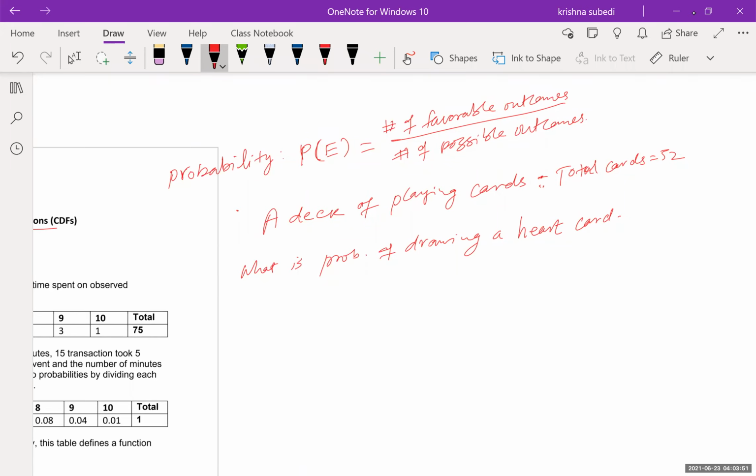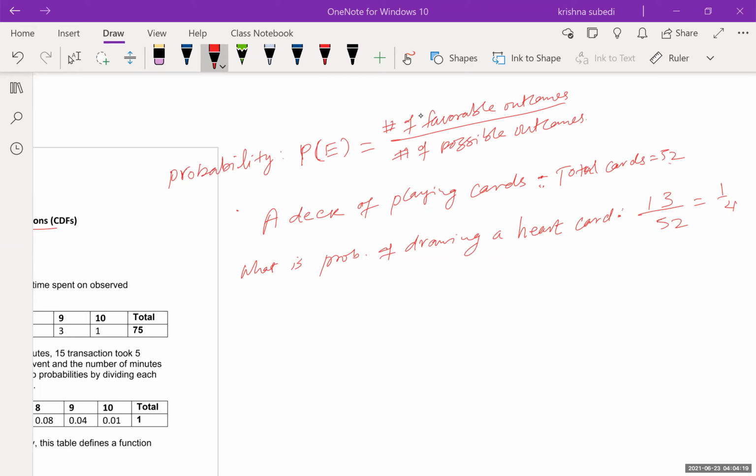What is the probability? How many heart cards are there? Altogether, there are 13. So the number of favorable outcomes is 13, and the number of total possible outcomes is 52. So the answer is going to be 1/4. You already know that, right?